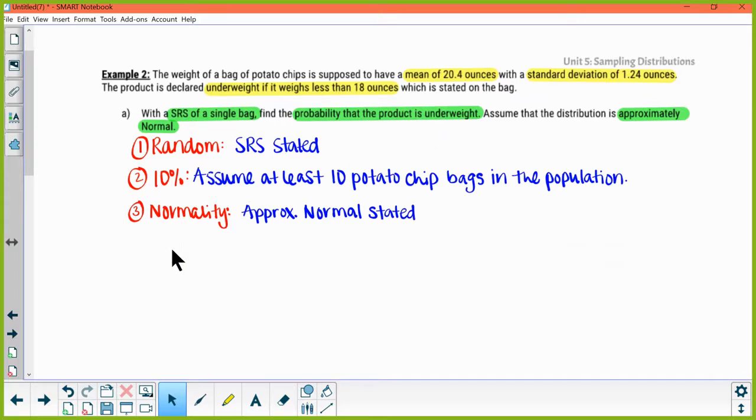So for this one, I didn't draw a picture, so I'm just going to go straight into my probability statement. Notice that I don't have an x-bar here because I don't have a sample mean. I just have one individual potato chip bag. So probability that X is less than 18, I'm going to, again, go the z-score route compared to what we did with our calculator. So I have the probability that z is less than 18 minus 20.4, which is the mean of the population.